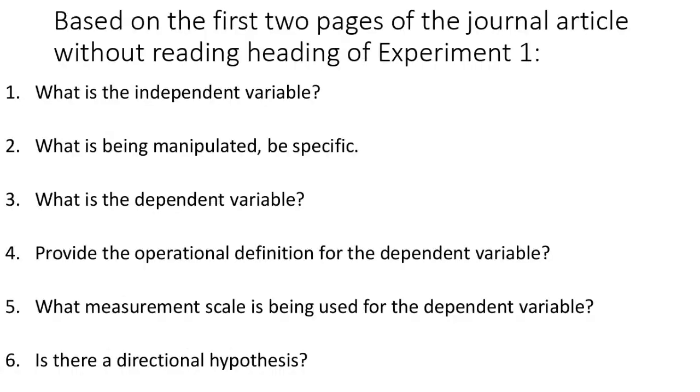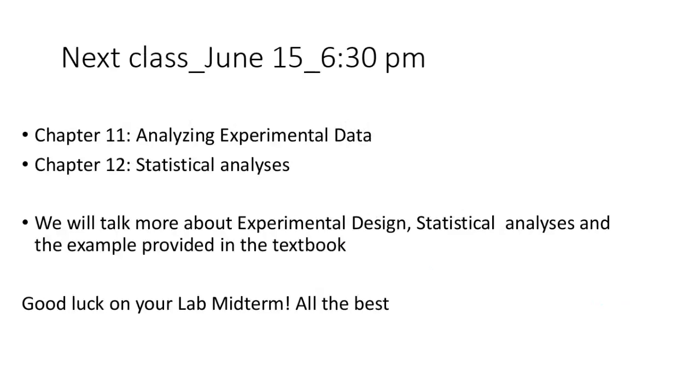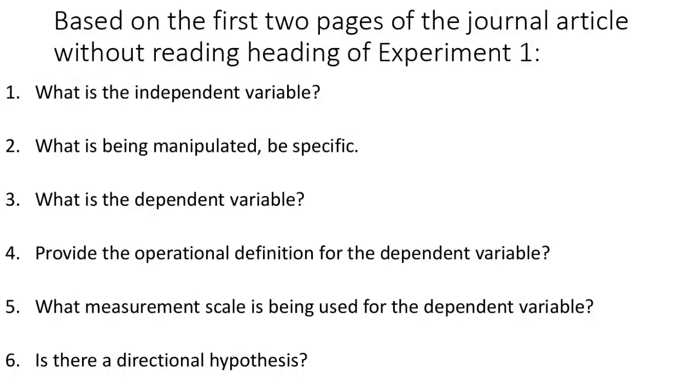But these are some questions. So you can see Strayer talks about, surprisingly, it doesn't mention mean square error, but you can see how the scientific notation here is presented. So these are some questions that might come up in the lab midterm.